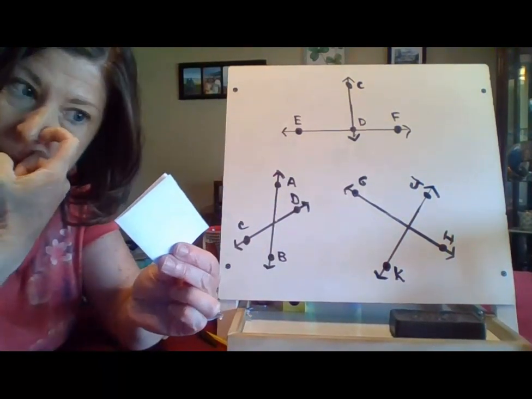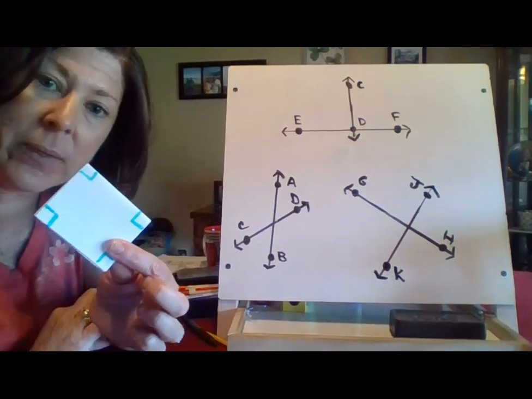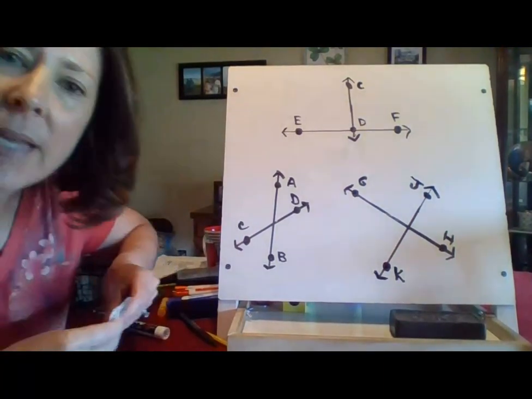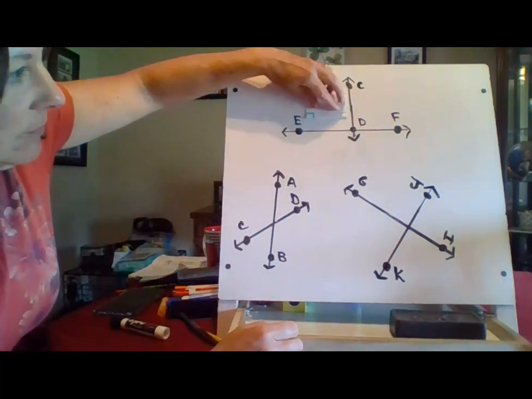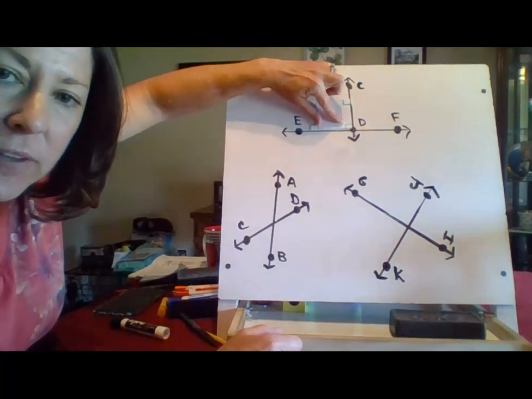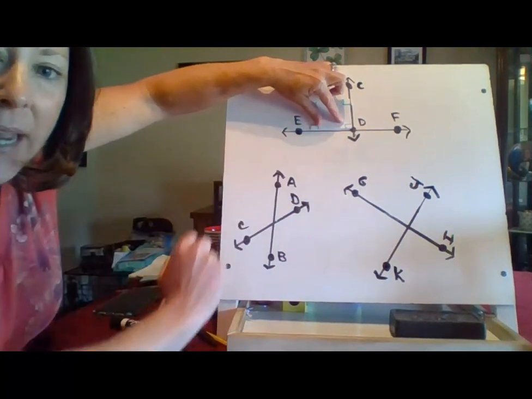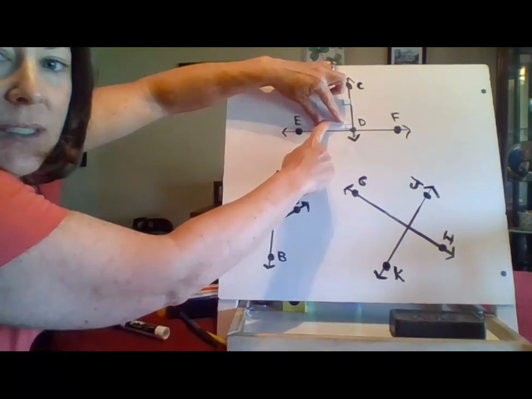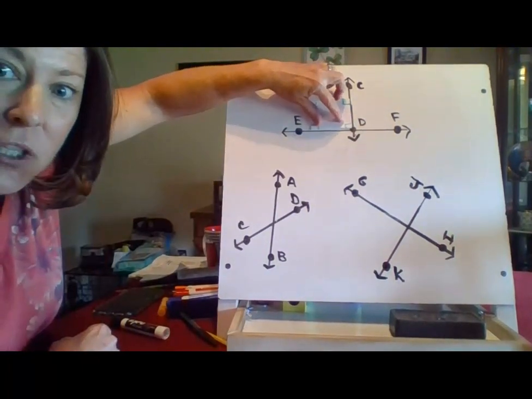So I'm going to use my right angle template that we made, and I'm going to line it up by the vertex. When I line this up, this is a perfect fit. So this is a right angle. And guess what? If this is a right angle, then that's a right angle too.